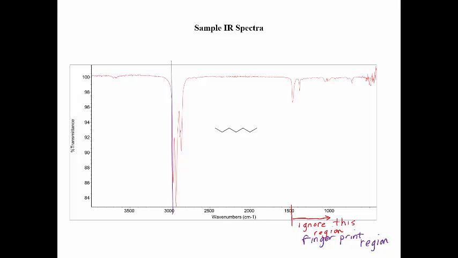If we are immediately to the right of 3000, I have sp3 carbon hydrogen. And certainly the straight chain alkane has many sp3 carbon hydrogen bonds. Immediately to the left of 3000 is sp2 carbon hydrogen, and you can see that I have no sp2 carbon hydrogen in this molecule.